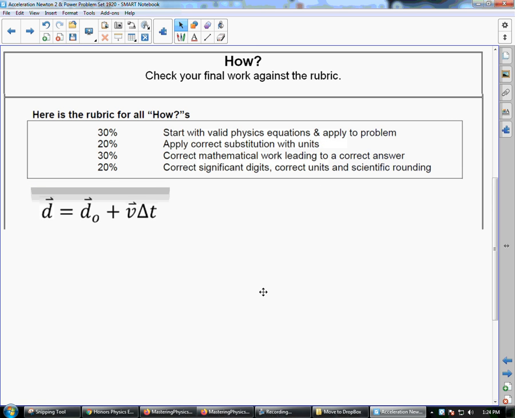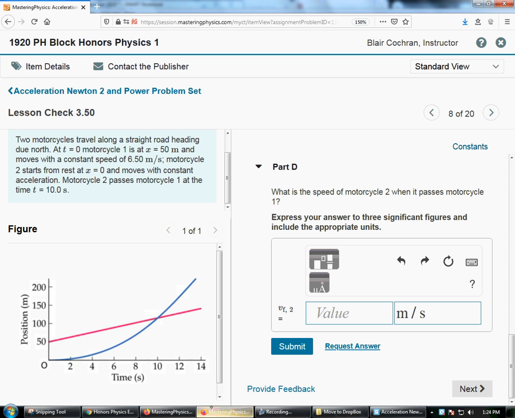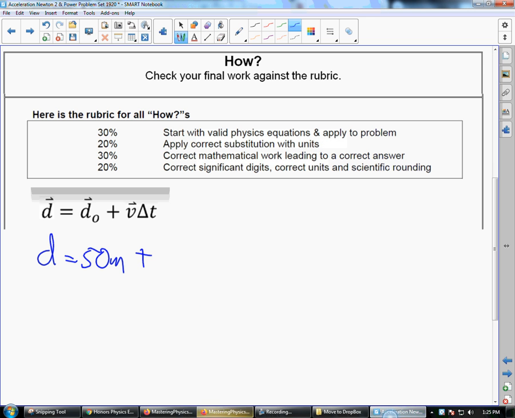And so I'm going to figure out where it is. So I know, let's see, it tells me, I don't know where it ends up. We'll call that D. It told me it started at 50 meters. It's moving positively because I have that positive slope at 6.5 meters per second.